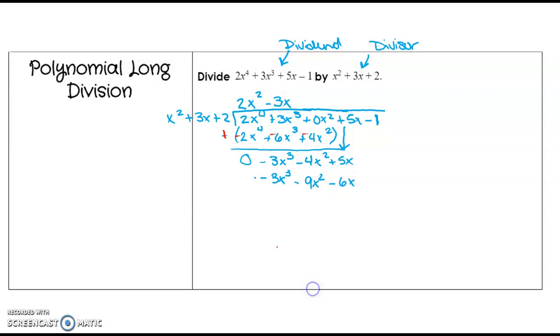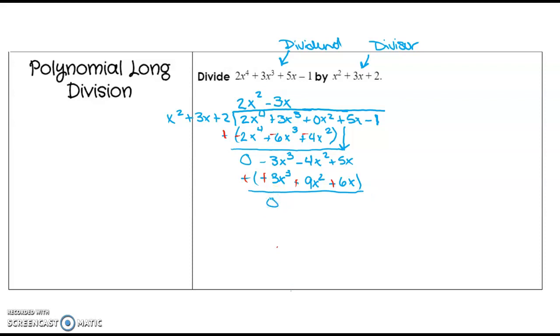Okay, so now I'm subtracting again here. And so now, since I have that subtraction sign on the outside, I need to distribute that negative, and so I'm going to multiply everything by a negative 1, and so that's going to give me a plus, a plus, a plus, and a plus. Okay, now I can continue, and I will add negative 3x cubed plus 3x cubed, which is going to give me 0.